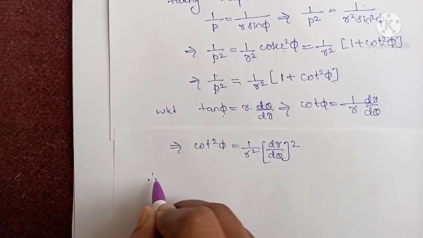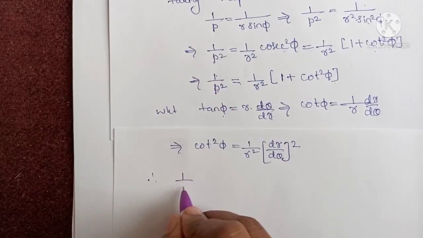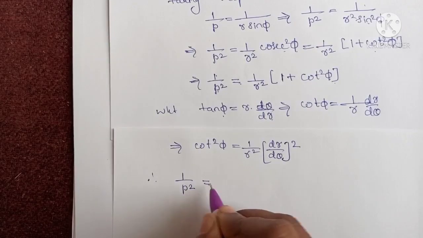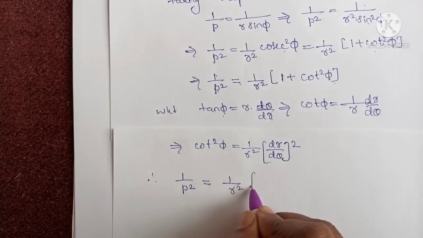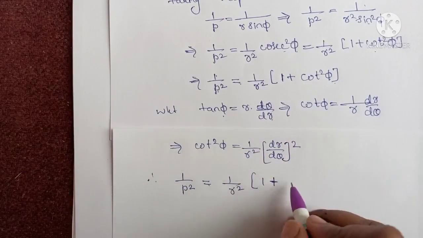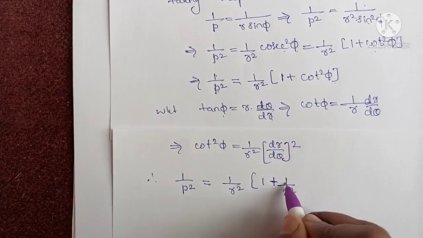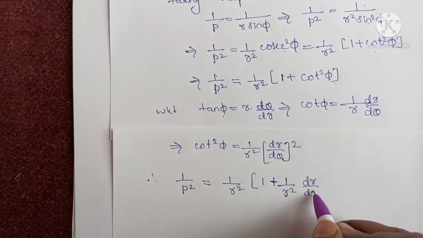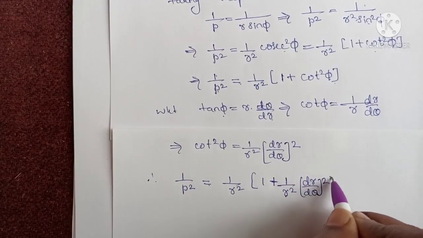So therefore 1 by p square equals 1 by r square as it is, 1 as it is, and cot square phi is equal to this value. Therefore we substitute this value, 1 by r square (dr divided by d theta) whole square.